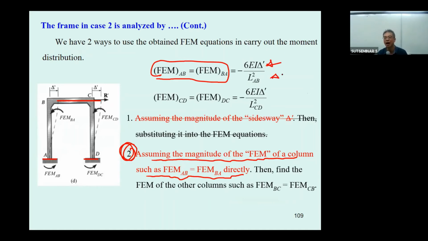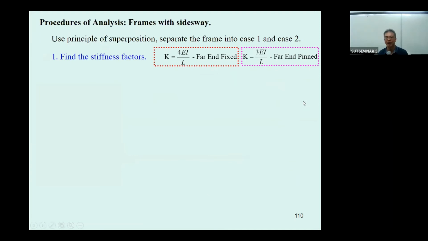The delta is going to be C palm times delta palm. You will get the actual sidesway by taking the delta palm from the assumed fixed end moment and multiplying by the correction factor C palm.